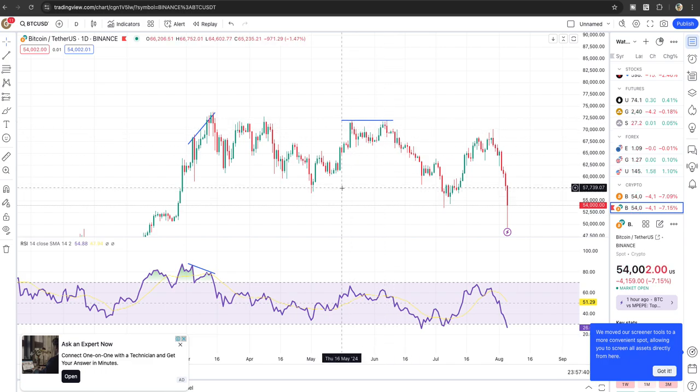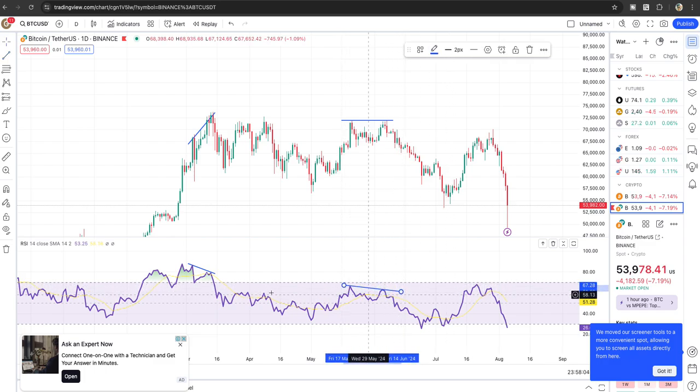If a double top happens like this, we can also use it as some kind of divergence, but we call that a double top, not divergence. You can see these are the same height, not like this. After we see the double top, we analyze the RSI. When you analyze the RSI, you can see it's going down. The RSI shows that we are going down.